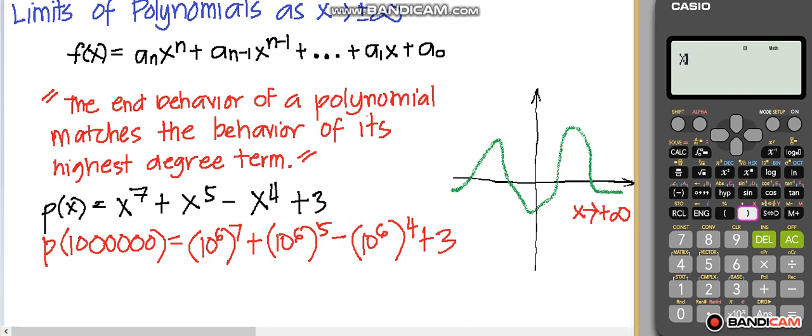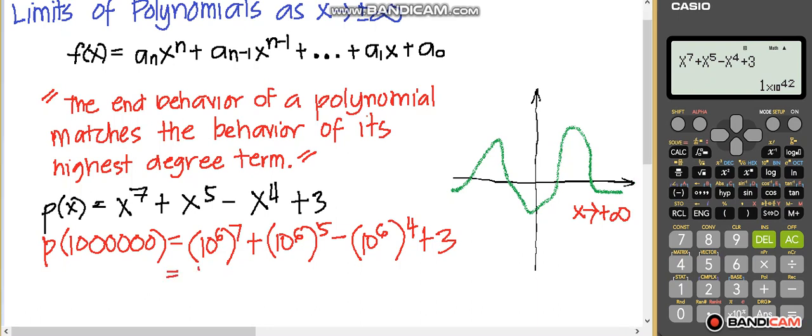So that's x raised to 7 plus x raised to 5 minus x raised to 4 plus 3. And then, pasok mo na value ni x is 1 million or 10 raised to 6. So the value of our polynomial is 1 times 10 raised to 42. That's a very large number. Tama? 1 times 10 raised to 42.